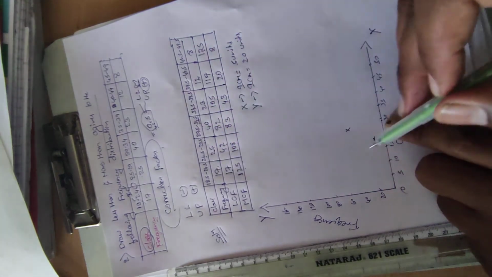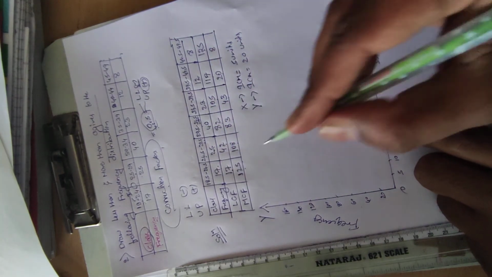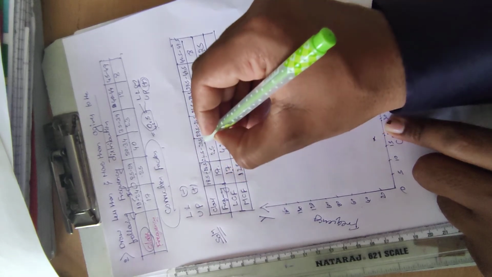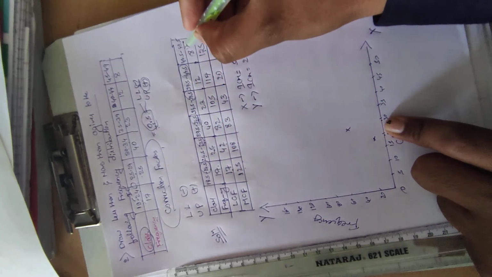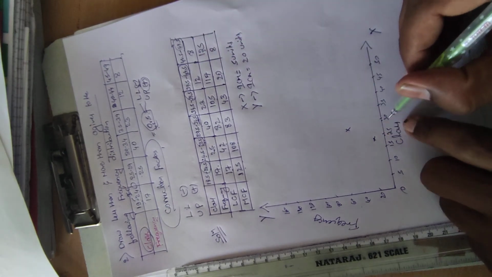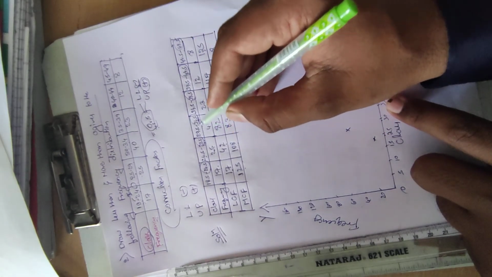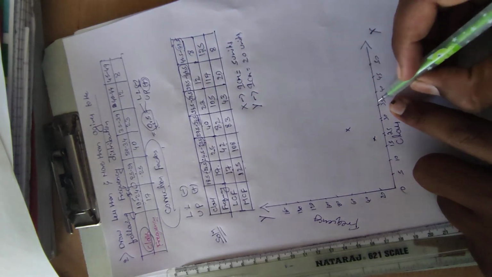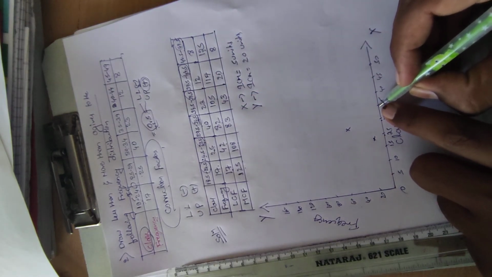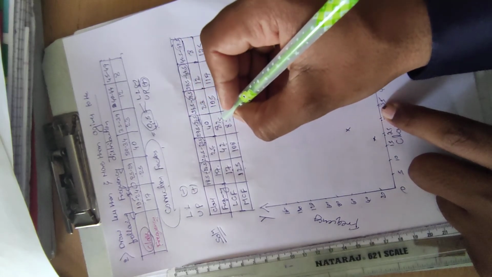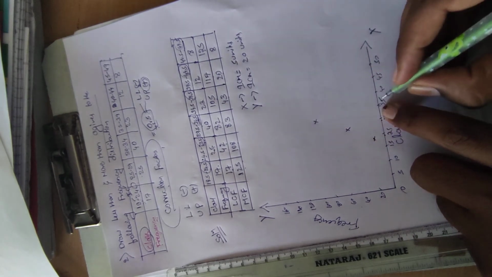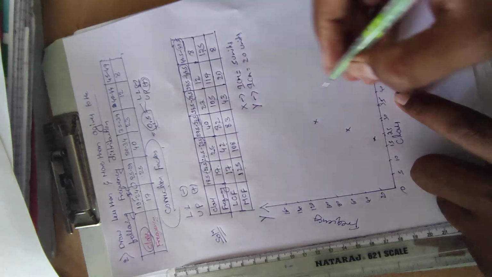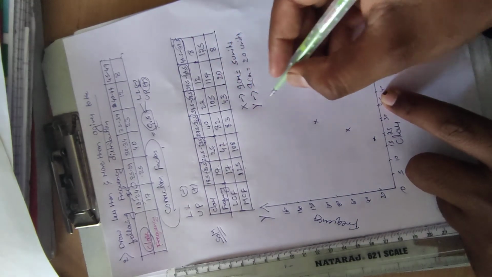If you want to draw a less than ogive, we have to select upper limits. Based on the upper limits, we have to locate the LCF. 34.5 will come here. So the LCF is 82. Next, 39.5, the LCF is 105.